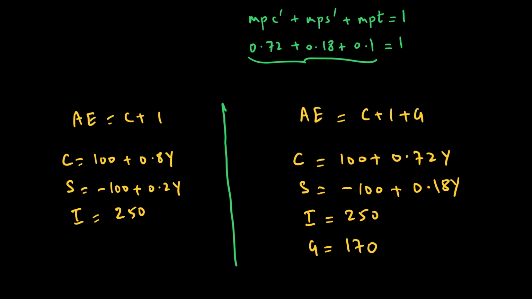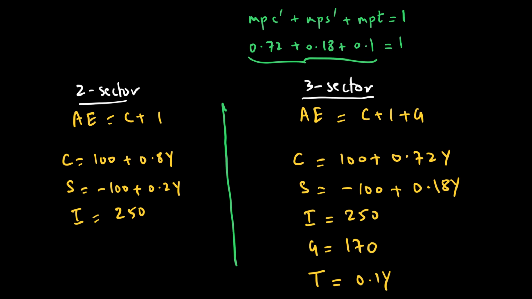But now I also have one more thing, which is taxes, and the tax is 0.1y. So my equation has now changed from a two-sector model to a three-sector model. The thing we need to remember is that when we move from two-sector to three-sector, we need to incorporate our tax rate in our model.